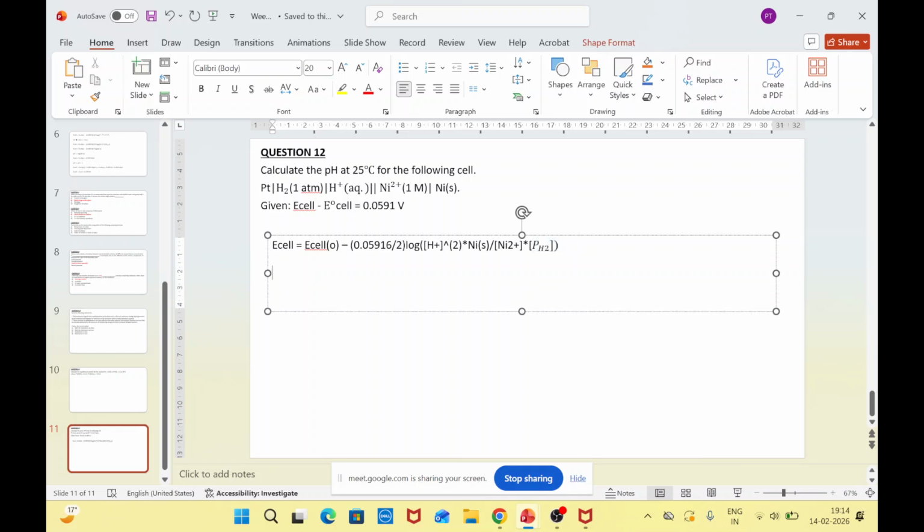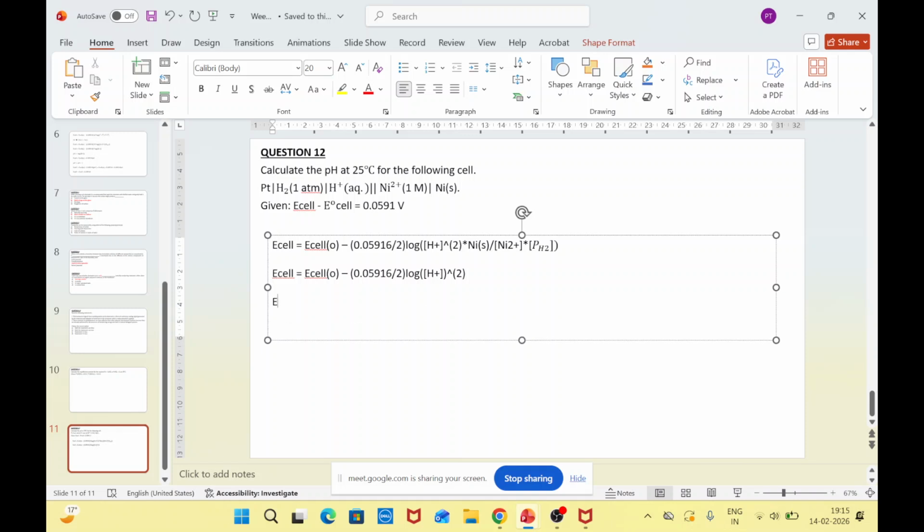So E cell equals E naught cell minus 0.05916 by 2 log [H+] square. And as I told, log 10 a square can be written as 2 log 10 a.